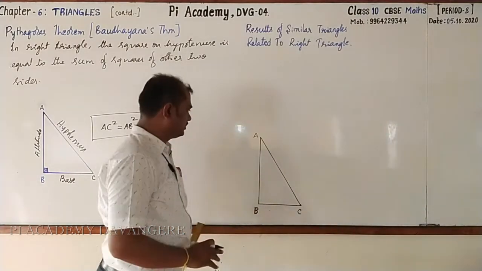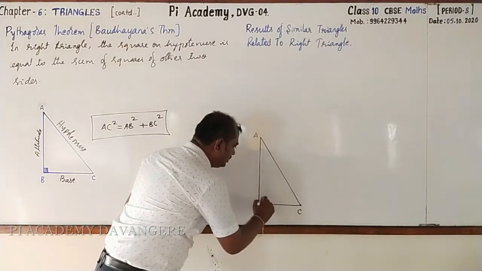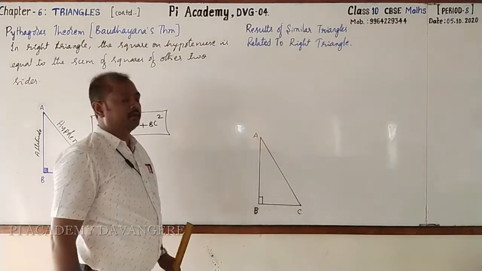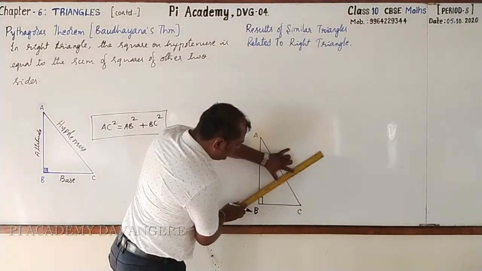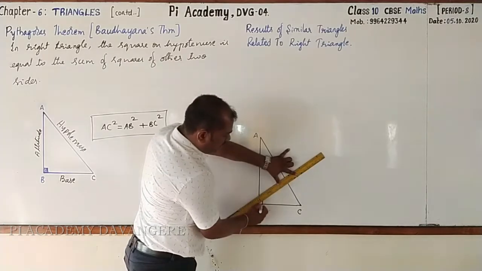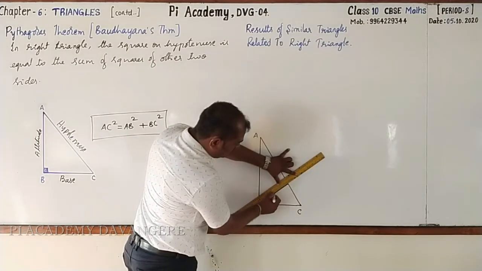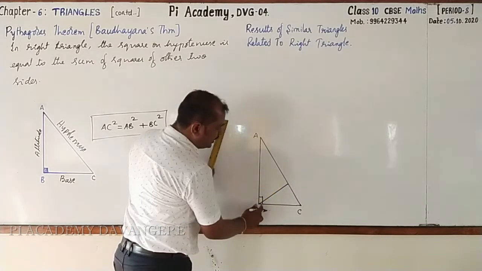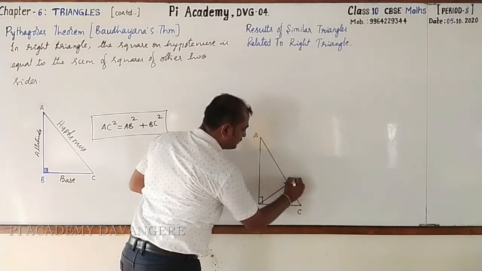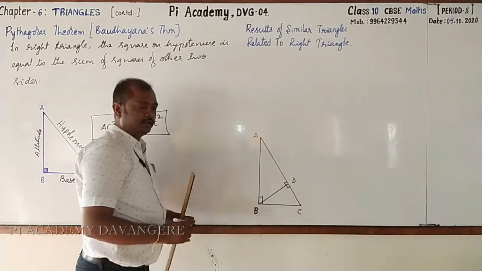Just observe it. Here I have drawn a triangle ABC in which angle B is 90 degree. And from the vertex of right angle of right triangle, I am going to draw the perpendicular. See, from B we are drawn perpendicular to AC. I call this point as D.